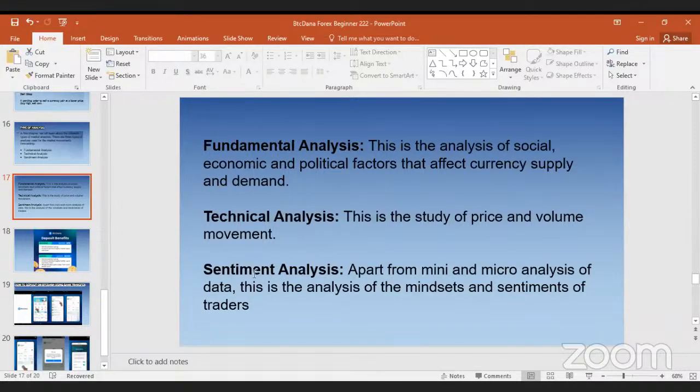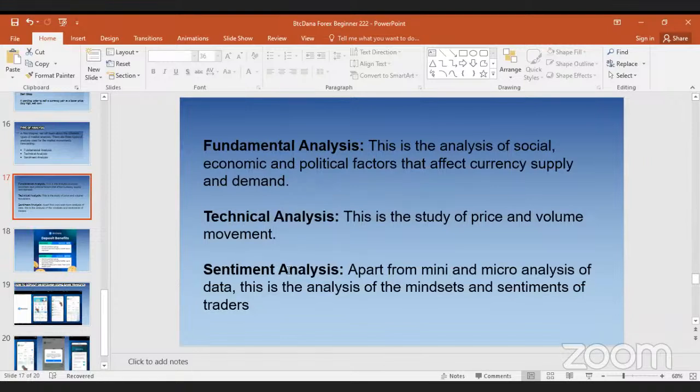This sentimental knowledge is also important, because trading deals with psychology. You want to have a clear mind consciousness. Let me put it that way. You want to look at the market in the direction that the market is going.